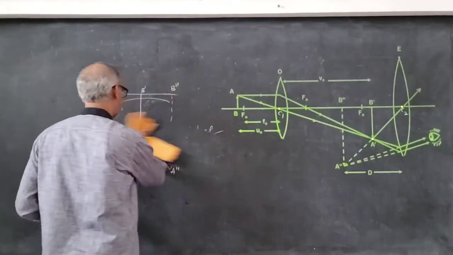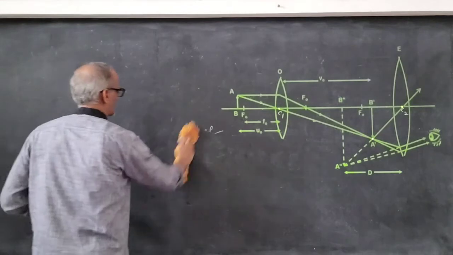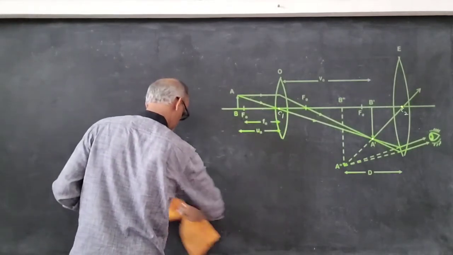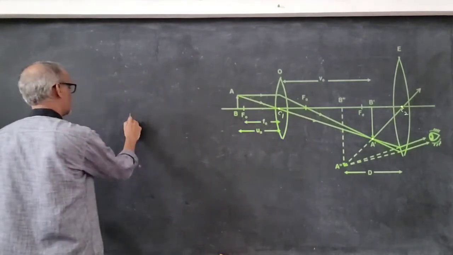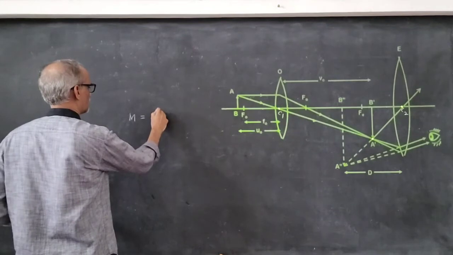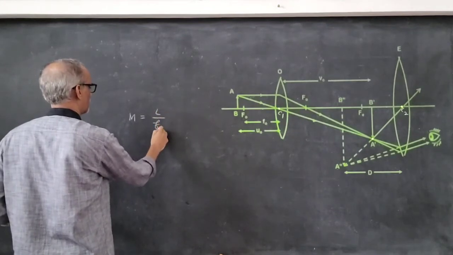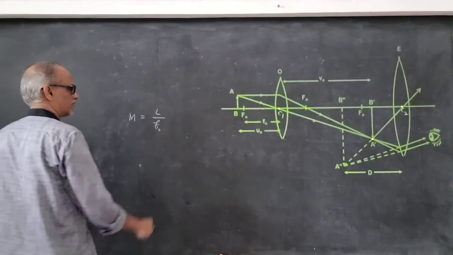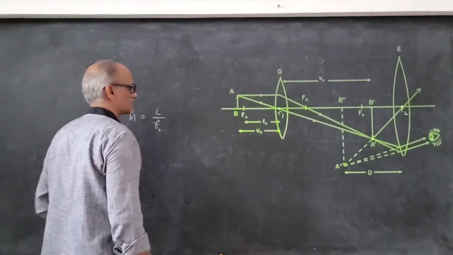What is the formula for the magnification? The magnification is given by L by F O, and then we have L, the length here.